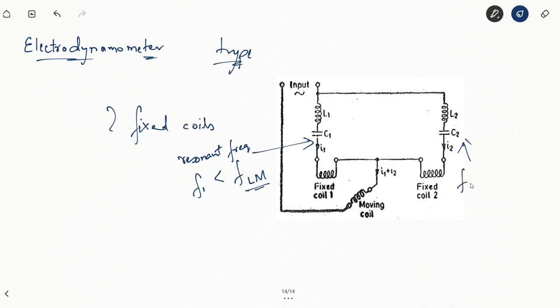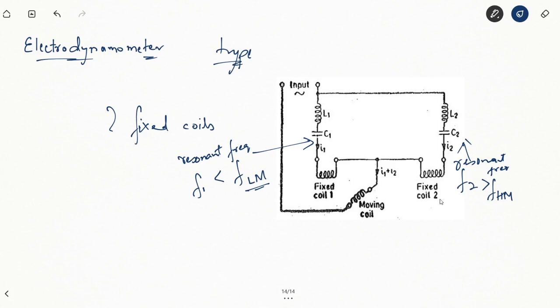While the resonant frequency F2 of this side will be higher than the upper measurement of the frequency scale. F1 is the resonant frequency of fixed coil 1, F2 is the resonant frequency of fixed coil 2. So both will be in resonance, but they will be at different frequencies.